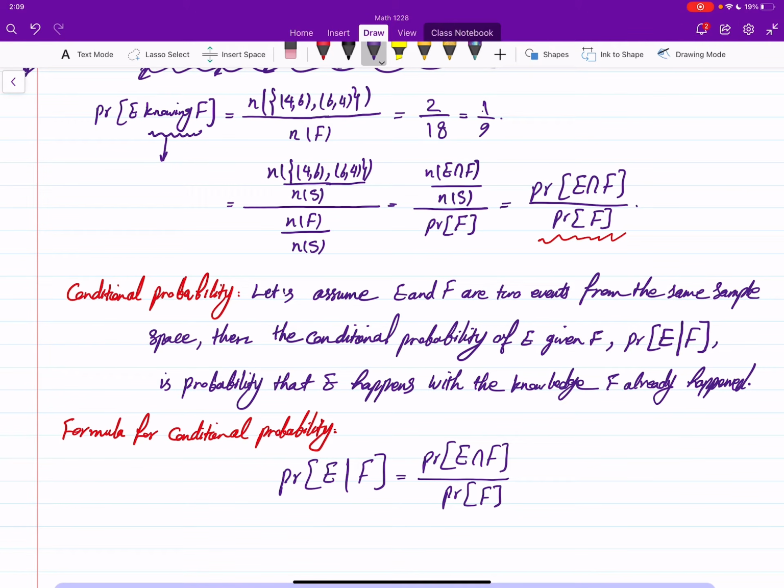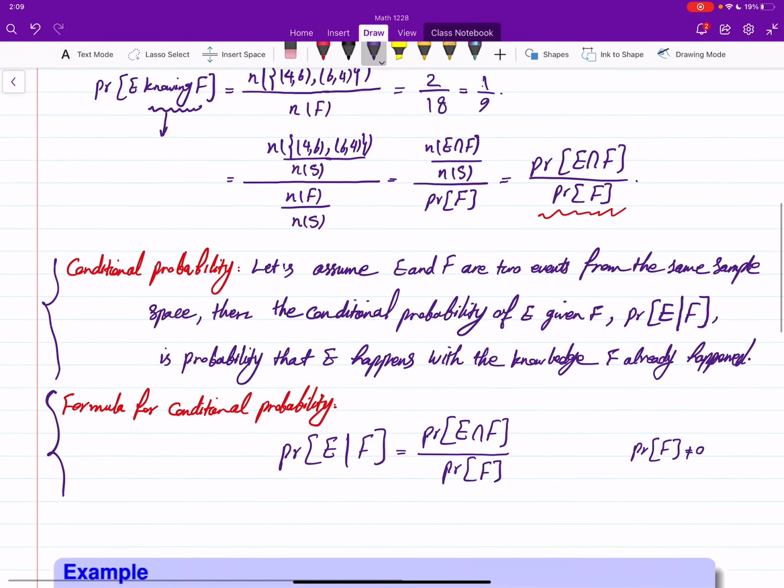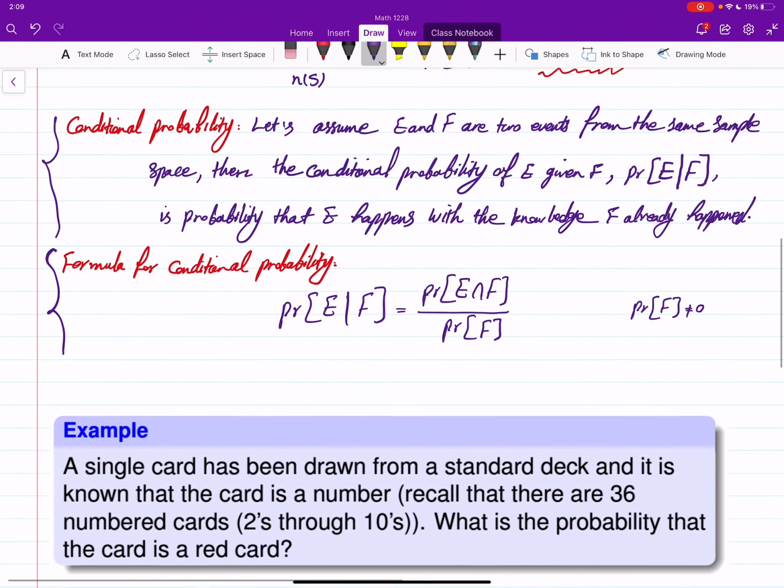Well, here you know that we are assuming the probability of F is not 0. We cannot divide by 0. If it is 0, this conditional probability is going to be, at least for our case, 0. So that is the conditional probability. That is the formula.